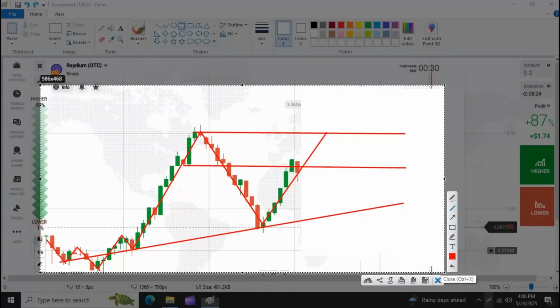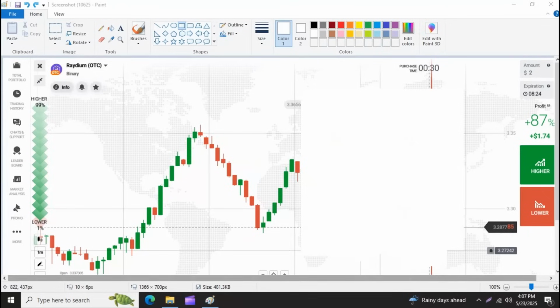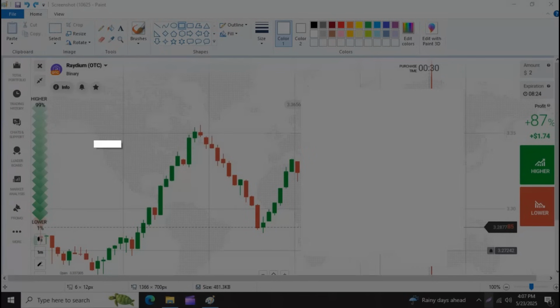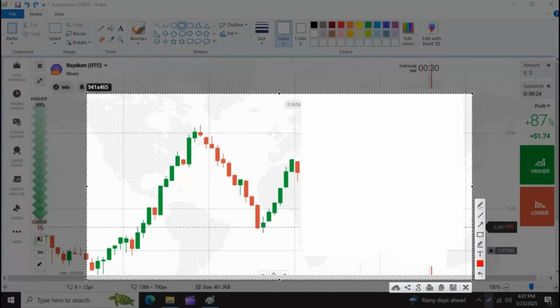Why? Up to now you have strong momentum here. If you check once again, let me clear this. I will show you once again. Here if you check, the last few times you got a retracement, the market continued.